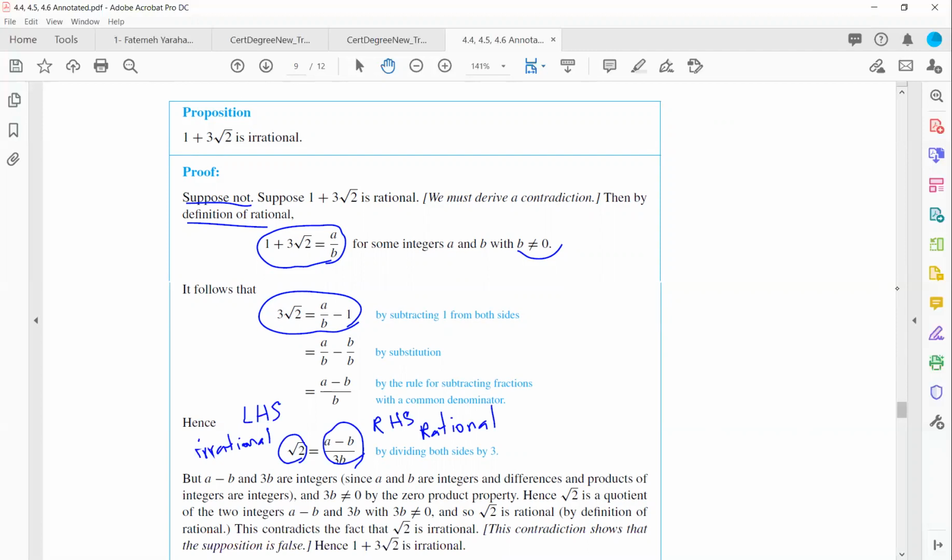This equality says irrational number is equal to a rational number, which is absolutely false. This is an error. Where did it come from? It came from the assumption that 1 plus 3 times square root of 2 is rational. So this statement is false. It means that its negation is true.